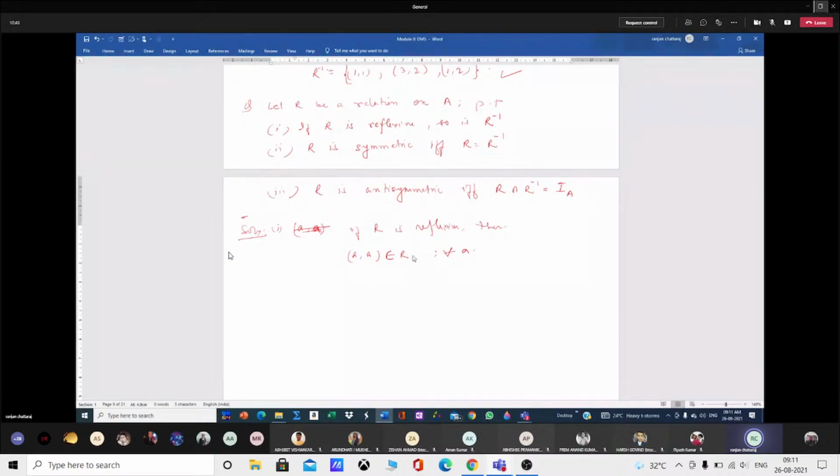If (a, a) belongs to R, then from the definition of R inverse, (a, a) belongs to R inverse, and it is also valid for all a. Therefore, the inverse of R is reflexive. Is it clear? In this way, try the second and third also.